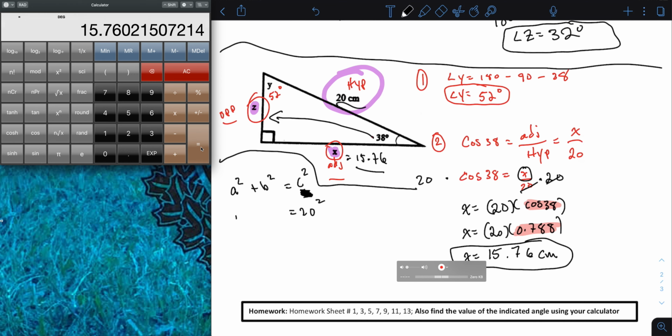So you could go a squared plus 15.76 squared, that's the other side length that I plugged in. 15.76 squared is 248.4, we'll call it.